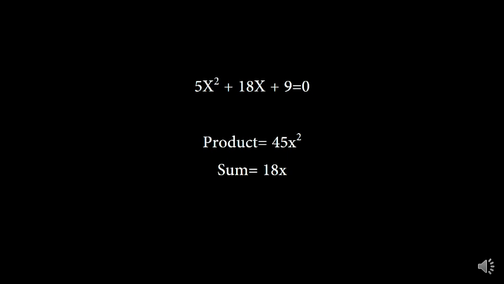Okay. So now let's write down a list of two integers that, if I multiply them together, are going to give me 45. But for us to pick the one for this question, if I multiply them together, it must give me 45x squared, and if I sum them up, it must give me 18x.